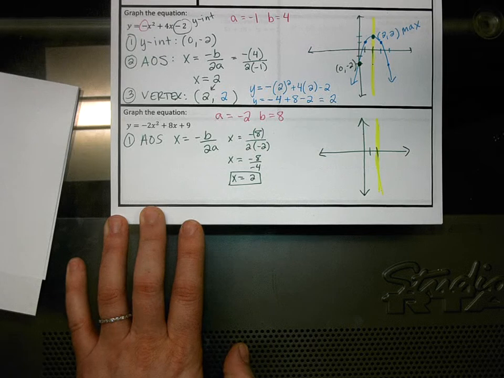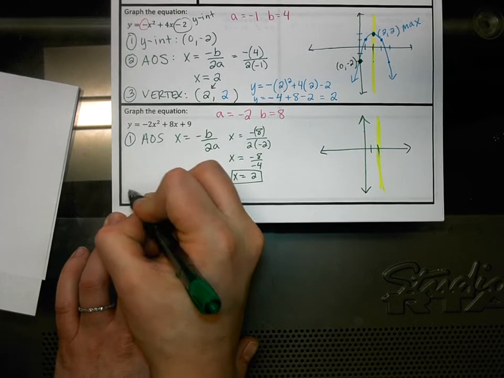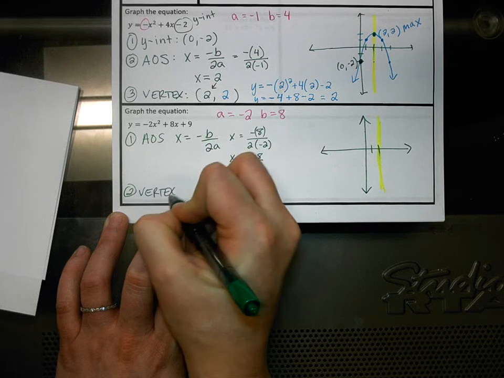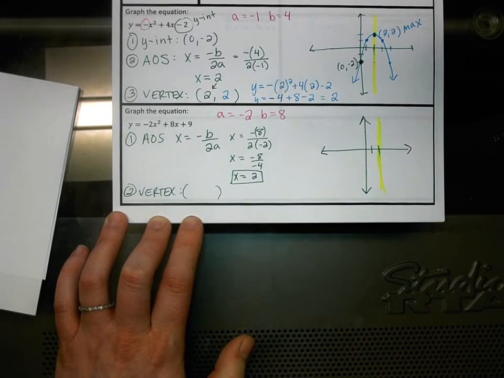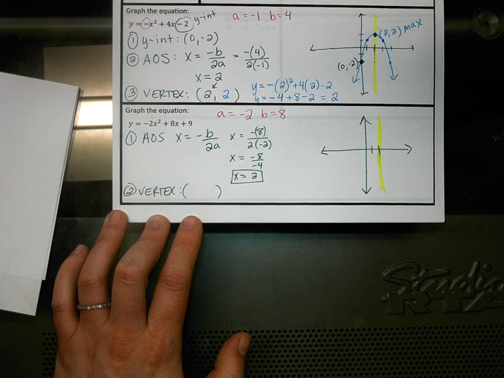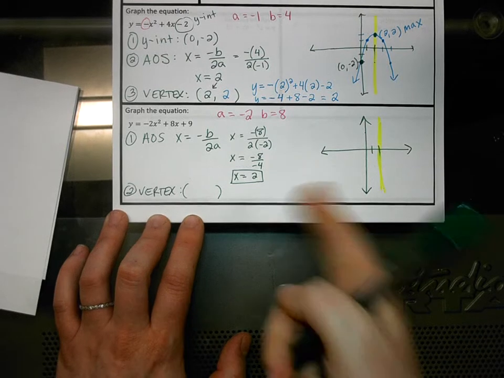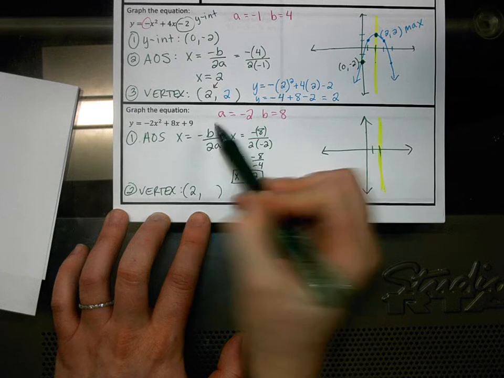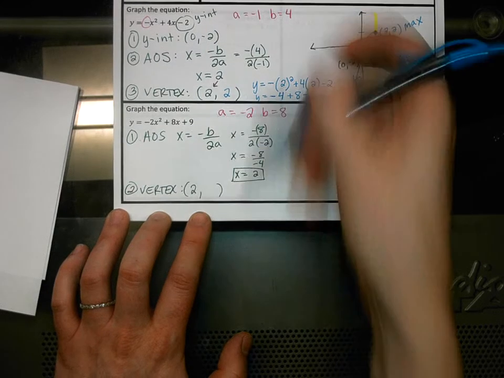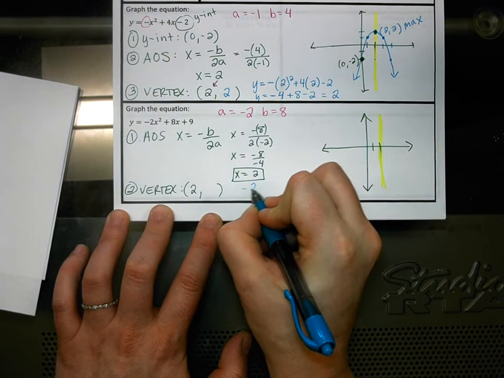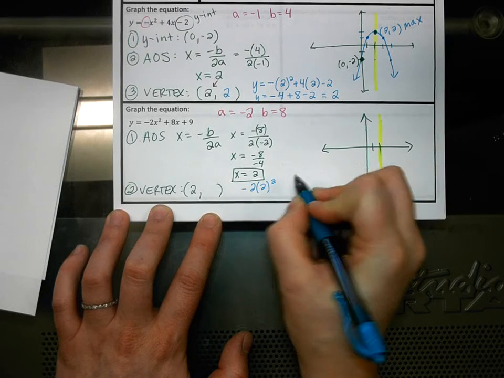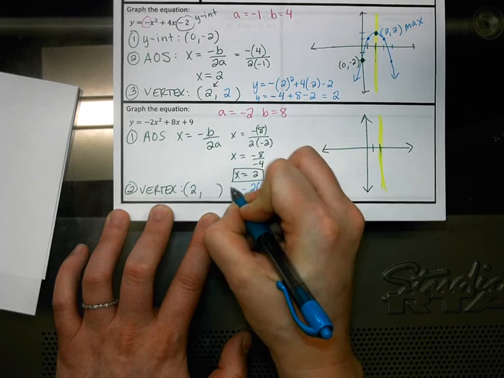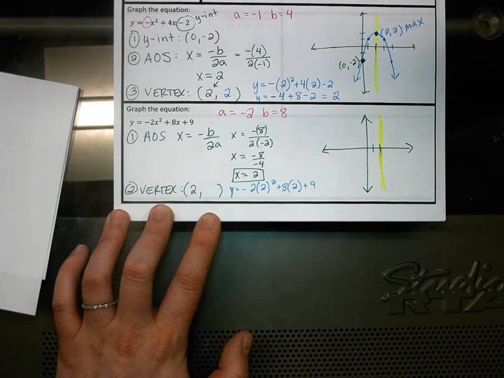Okay, what should I do to find my vertex? Plug in the x value. So 2 is going to be the x value of my vertex. And then I'm going to use this equation. Negative 2 times 2 squared, plus 8 times 2, plus 9. So y is going to be equal to that.